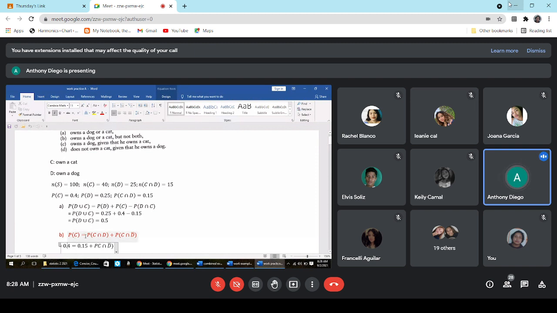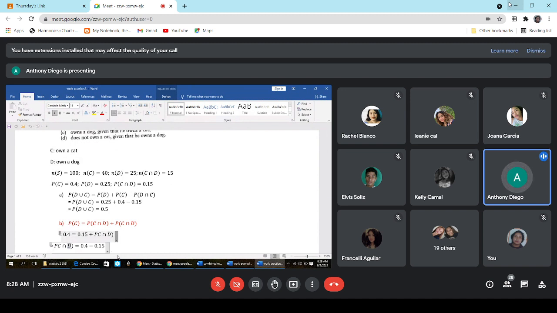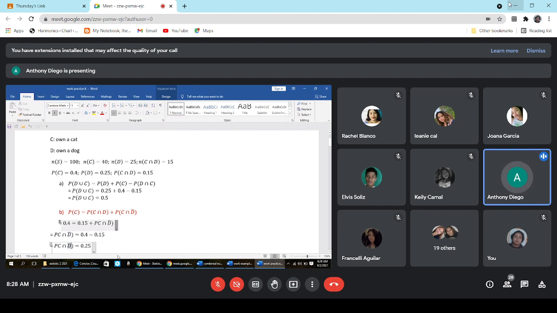The probability of owning a cat and a dog is 0.15, plus the probability of owning a cat but not a dog. So the probability of C intersecting D complement, meaning that the person owns a cat but not a dog, is equal to 0.4 minus 0.15.